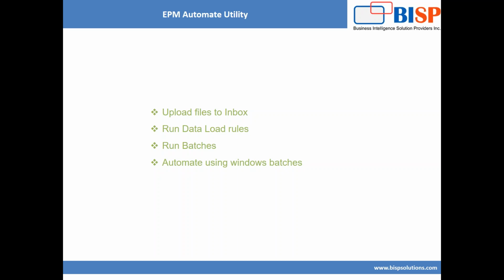So we can use the EPM Automate utility to upload data into the inbox, run data load rules, run batches, and automate using batches. When I say automate using Windows batches, we basically write Windows batch scripts to automate data load rules. So this is also a very important utility which comes along with the cloud offering.